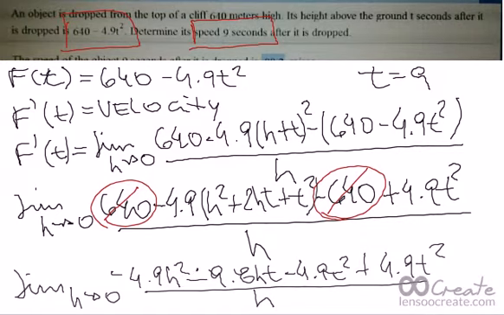Then we notice that we have a plus 4.9 t squared and a minus 4.9 t squared, so those two cancel too.